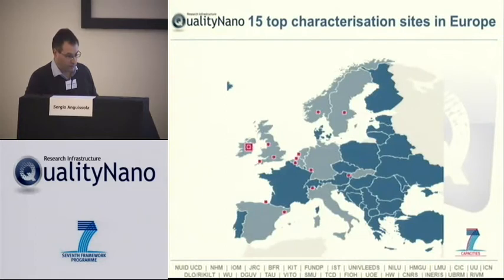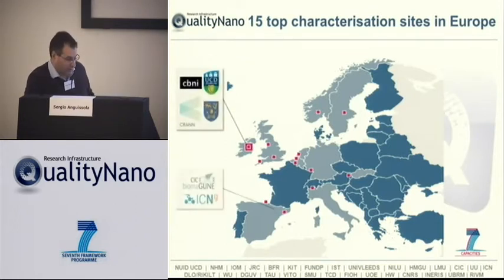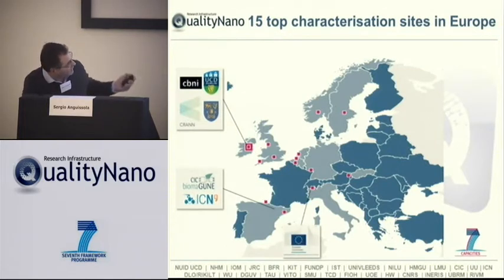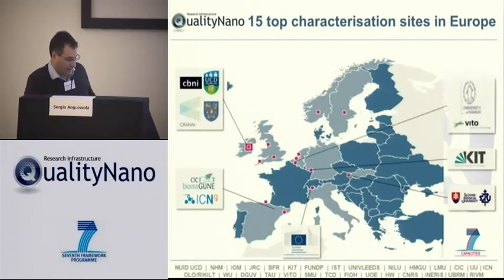But let's focus more on the transnational access type of activities. We have 15 different sites in Europe. As you can see, this is the map of Europe. We have 15 different sites in different countries: Ireland, Spain, Italy, and then we also have the Slovak Medical University, KRT in Germany.